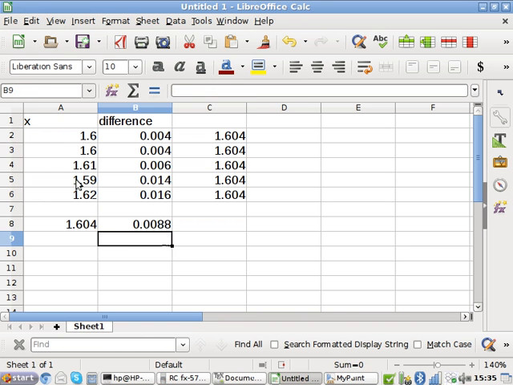But this method here, so far this is the most accurate method for calculating the uncertainty. So what you do is you look at the difference between the data and the average, and then you get the average of that. Do you understand? Yes? Okay.